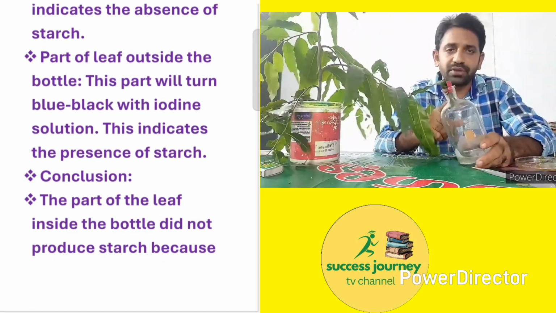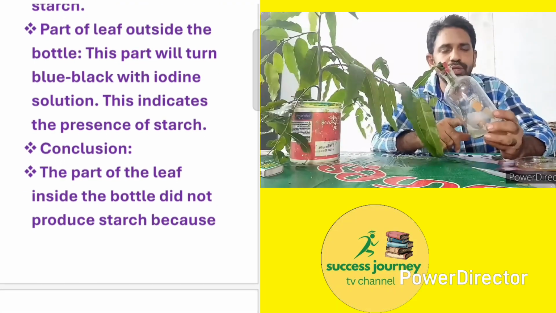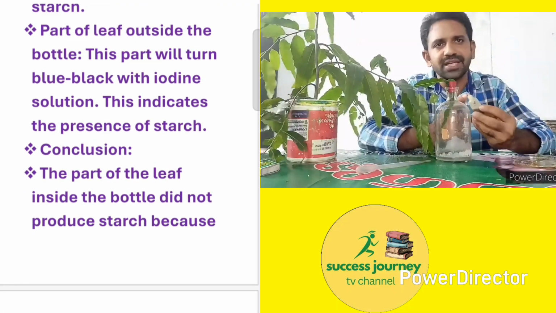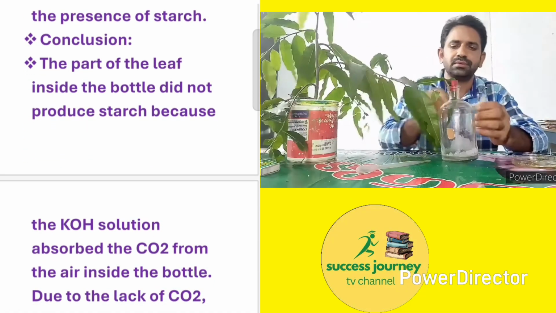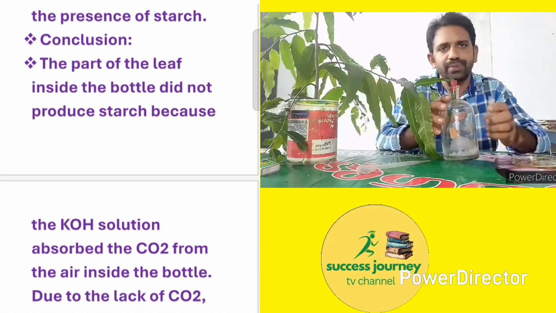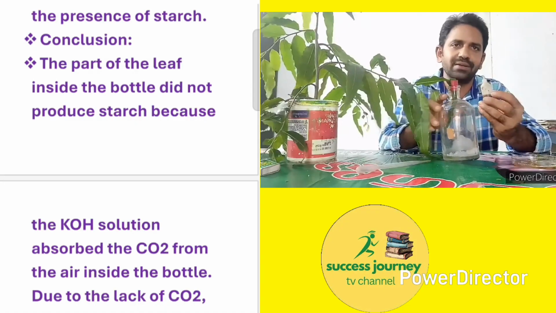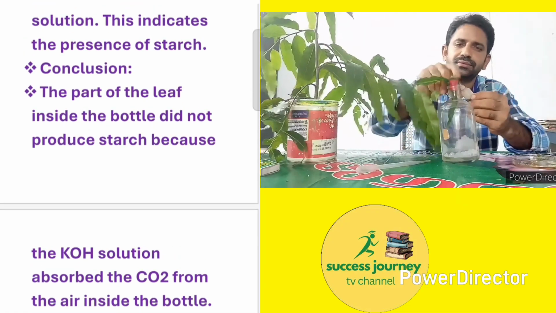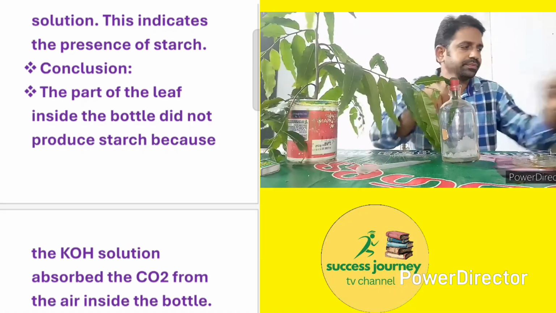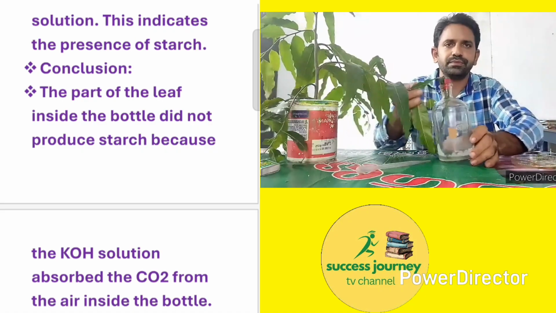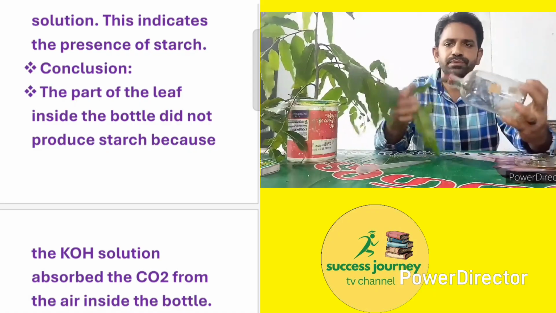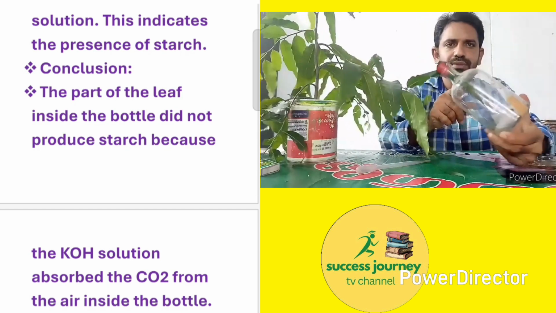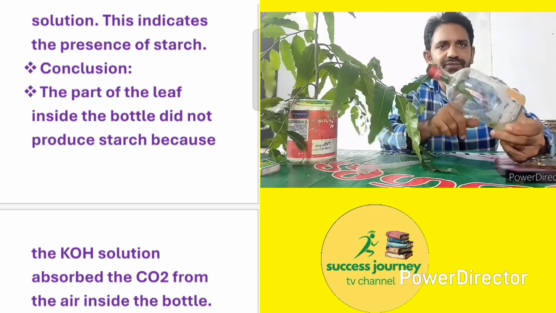So finally, conclusion. The part of the leaf inside the bottle did not produce starch because the KOH solution absorbed the carbon dioxide from the air inside the bottle. So the part of the leaf inside the bottle does not turn bluish black because all the carbon dioxide present inside the transparent glass bottle is absorbed by the potassium hydroxide solution.